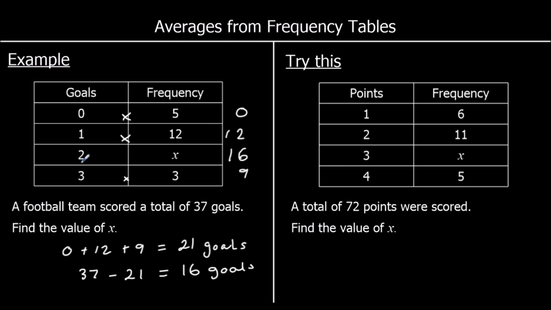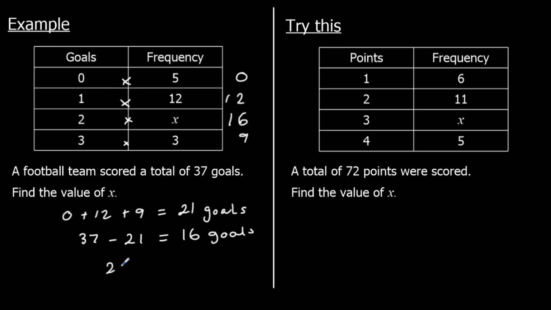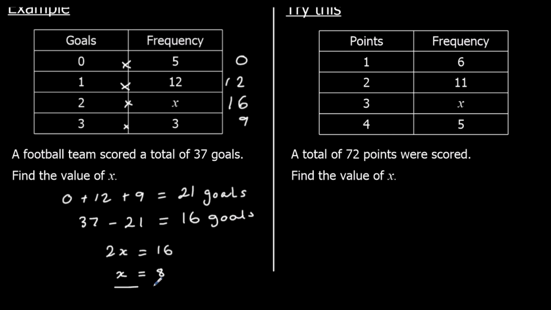And so 2 goals times X, a missing number, is equal to 16. 2 times something equals 16. I'll write 2x equals 16. And if this was an equation we're solving, we divide both sides by 2, and we get x is equal to 8. So they scored 2 goals 8 times.